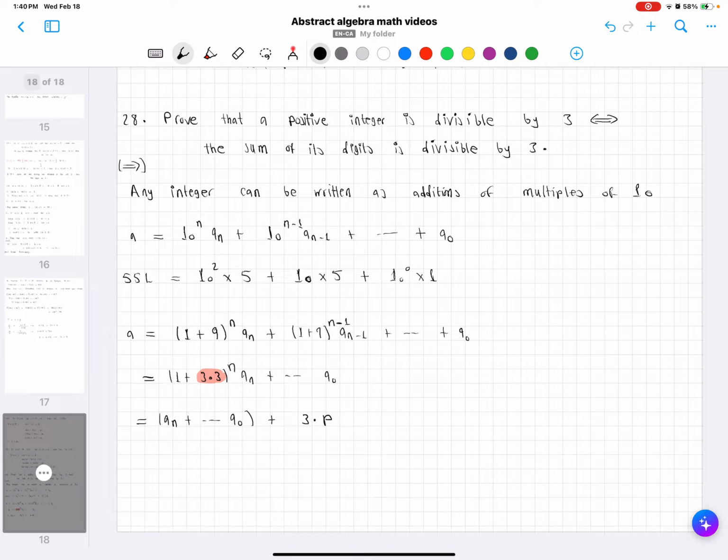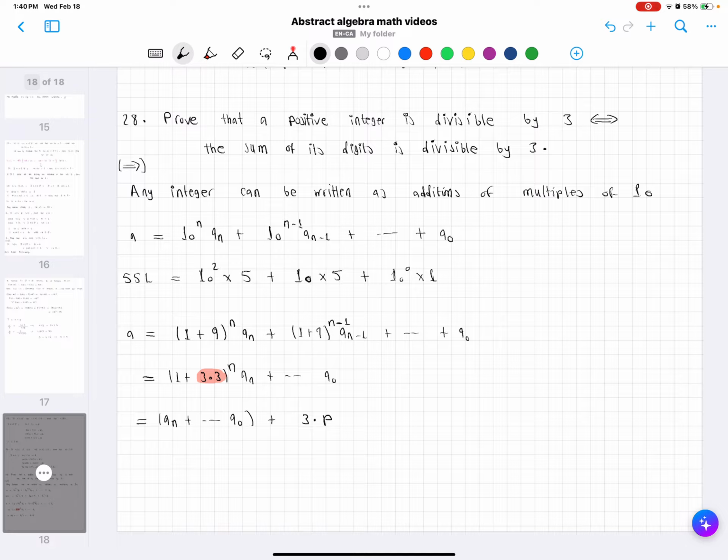The division algorithm tells you that if we divide a by 3, then we're guaranteed to find a quotient as well as a remainder, and those things are unique. So here we have expressed a in terms of a multiple of p.